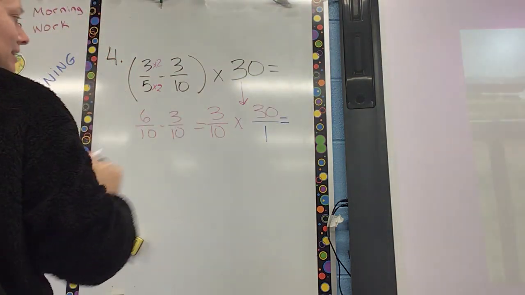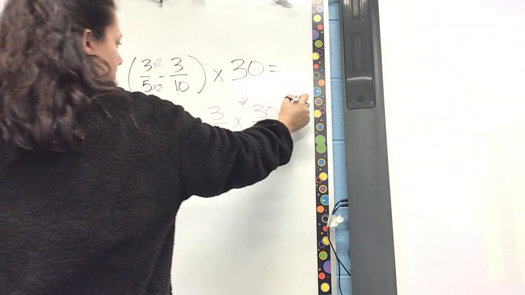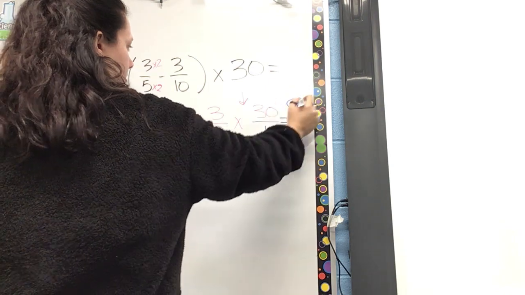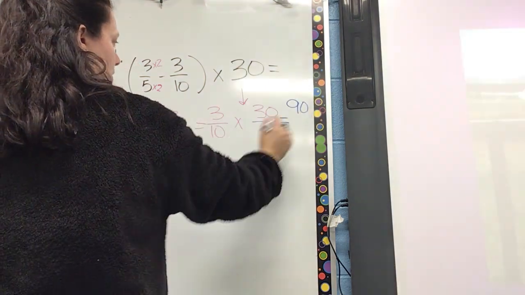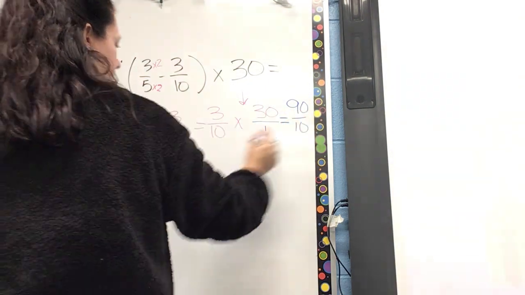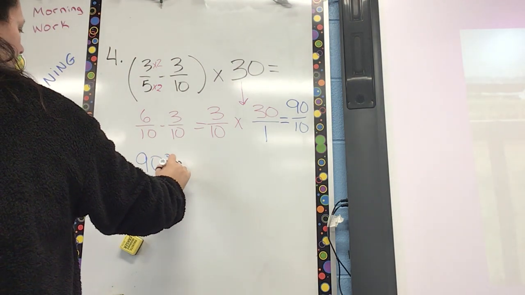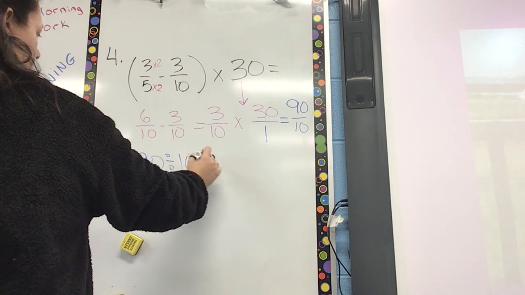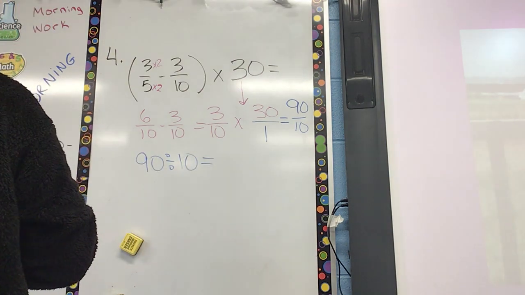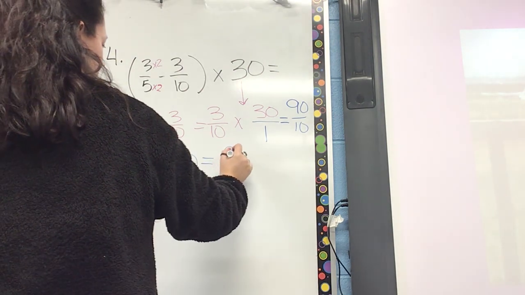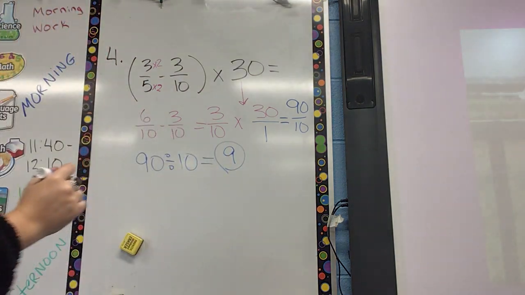This should be mental math because I can do 3 times 3 is? 9. And then add your 0. 10 times 1 is? 10. To simplify, I need to do 90 divided by? 10. 90 divided by 10 is? 9.